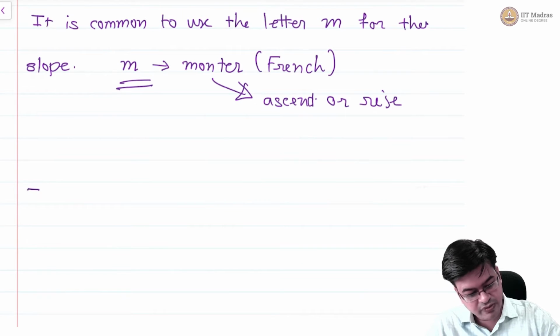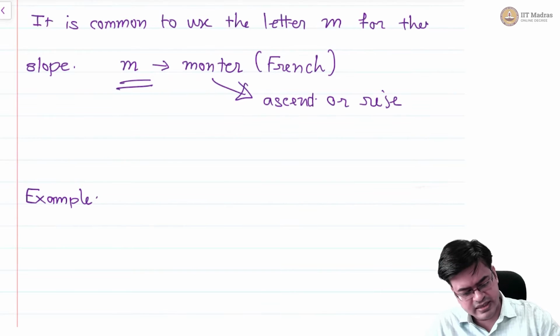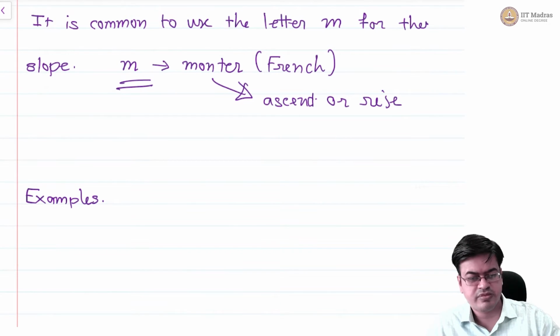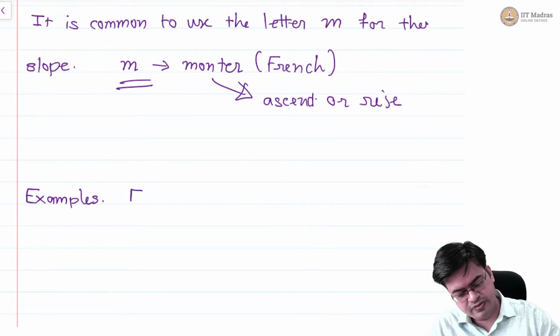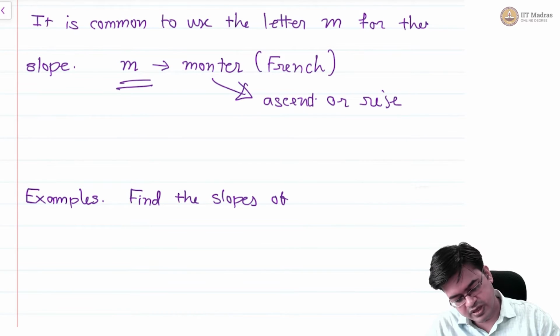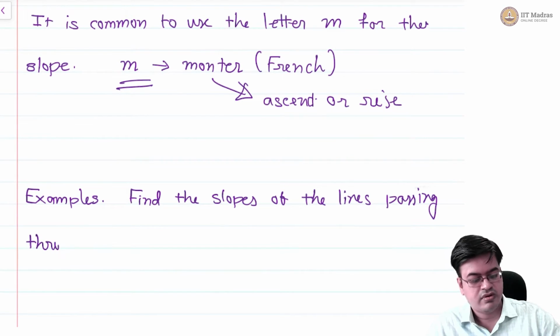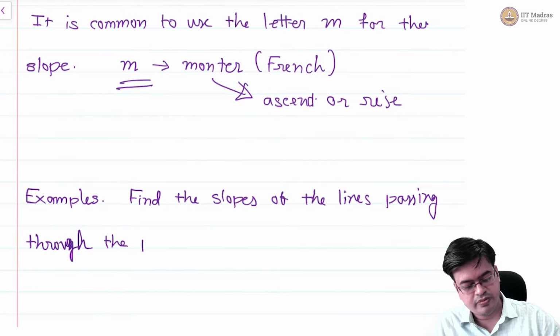So let me give you two examples, basically to find the slopes of the lines passing through the following pairs of points.